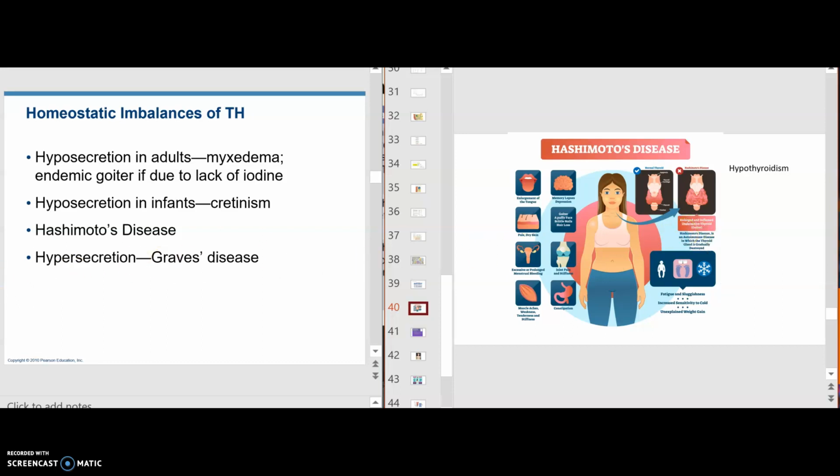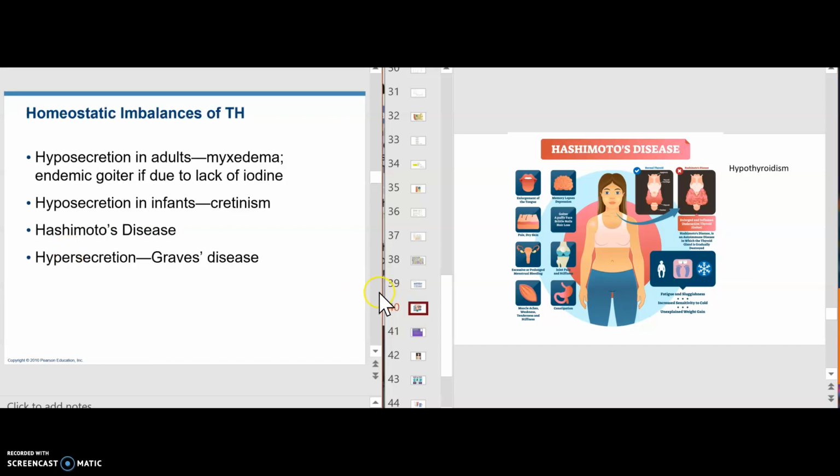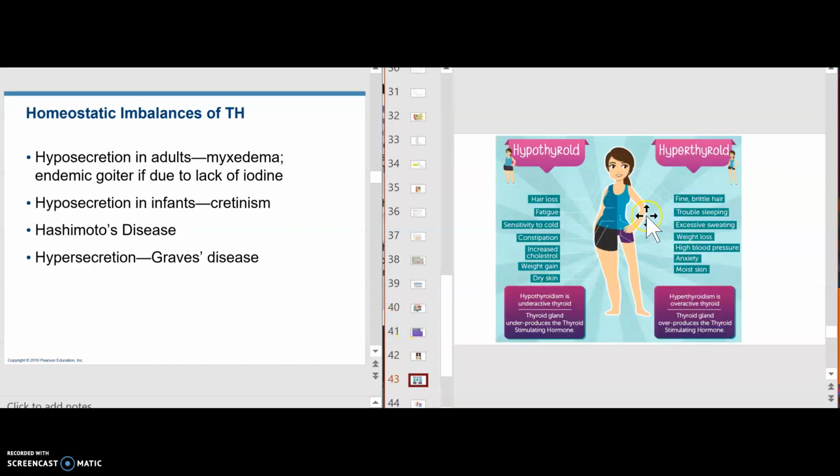Okay? So here, just to show you some of the contrast: hypothyroidism, hair loss; hyperthyroidism, fine brittle hair; fatigue; sensitivity to cold; excess sweating.